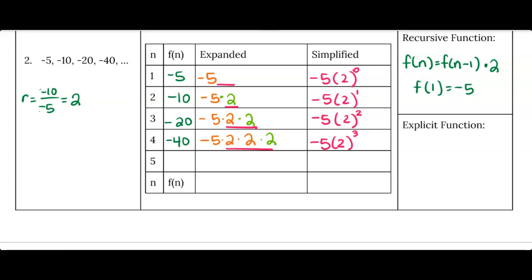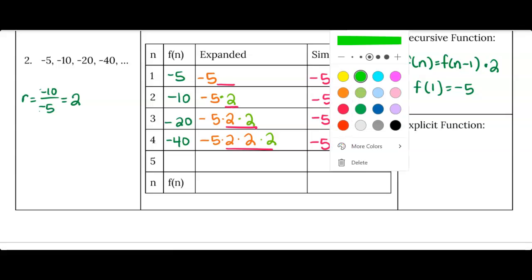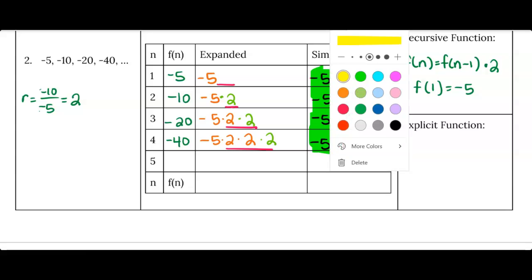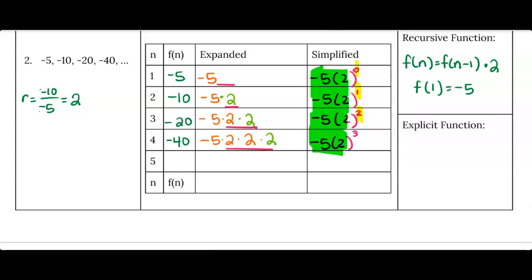Once again, I see that this piece here is all constant. It stays the same for all of the rows. And the piece that's varying is the exponent. Since the exponent is varying, I want to relate it to my variable. So now I'm trying to figure out how do I write it for the f of n term.